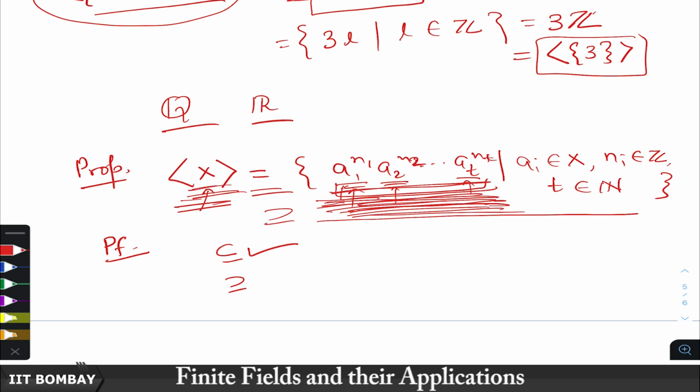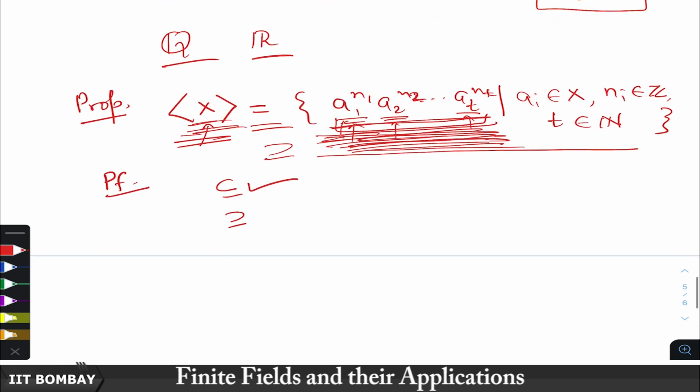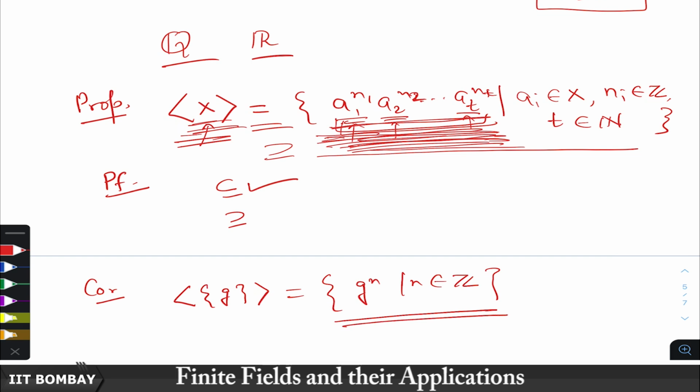Now, as a special case, one can say a corollary: you take one element G, the subgroup generated by it has the form G power n, where n belongs to Z. We have already seen that this forms a subgroup, and anyway now this is a corollary.